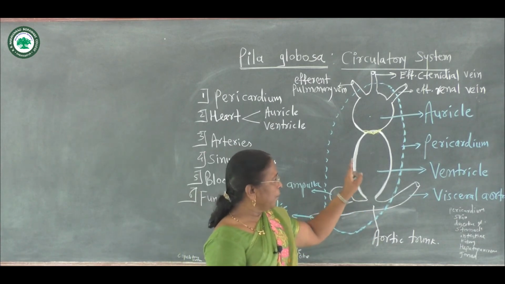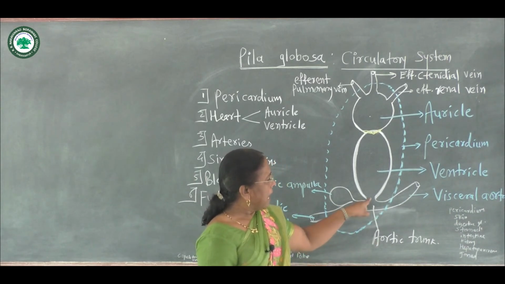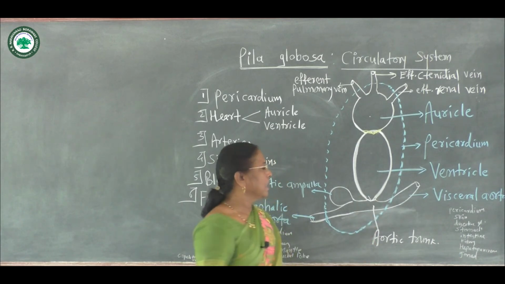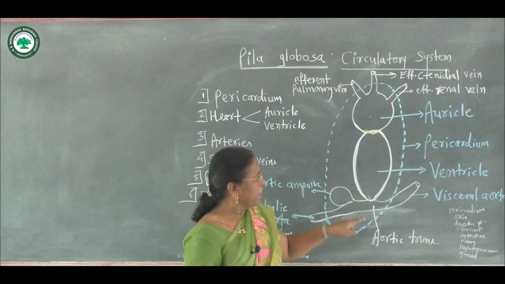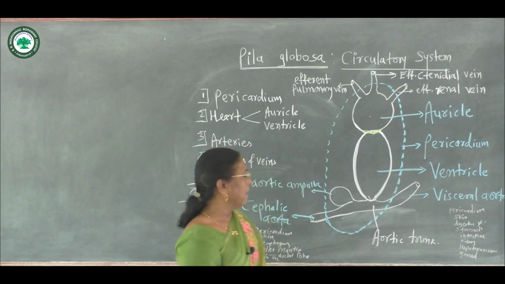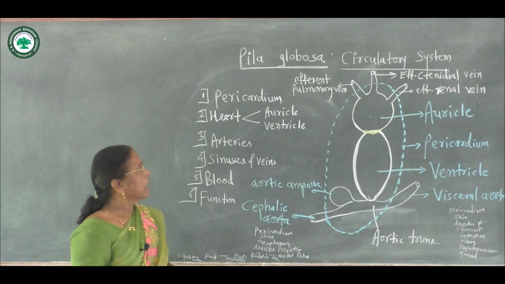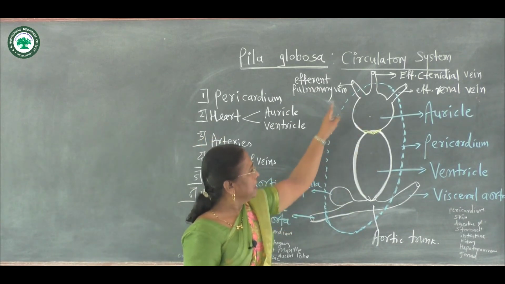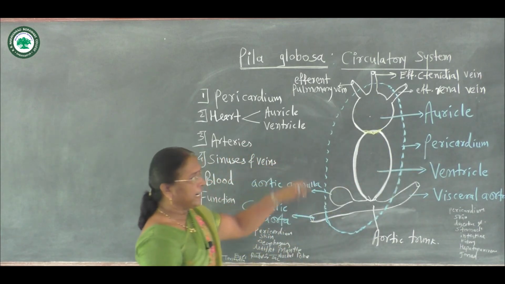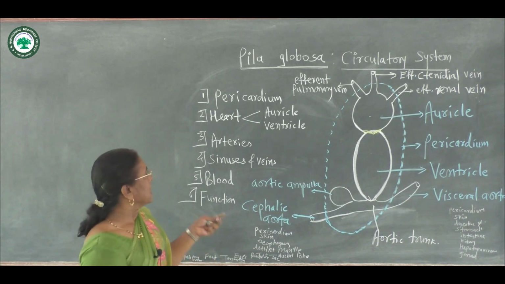Here the flow is maintained by semilunar valves, which prevent the backflow of blood from the aortic trunk again into the ventricle. This is the auricle and ventricle, that is the heart, enclosed inside this thin-walled pericardium, and it is situated on the left side of the body wall behind the pulmonary sac.